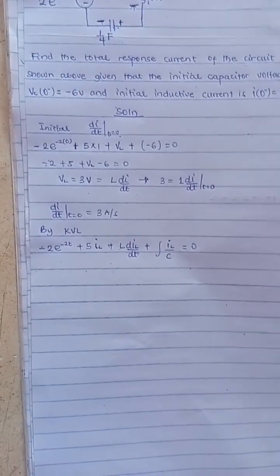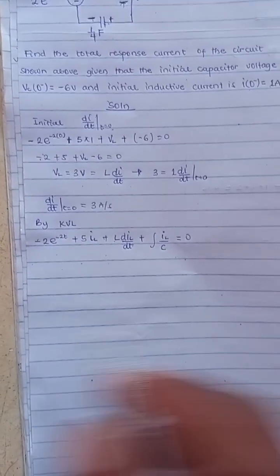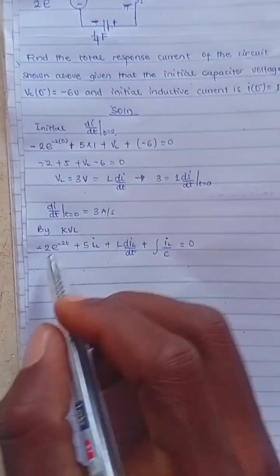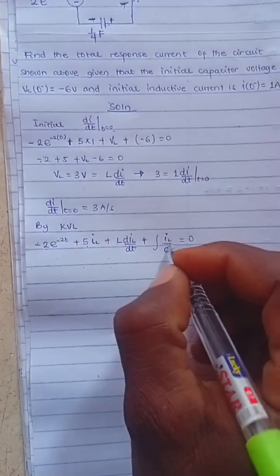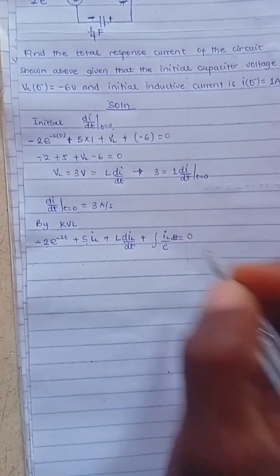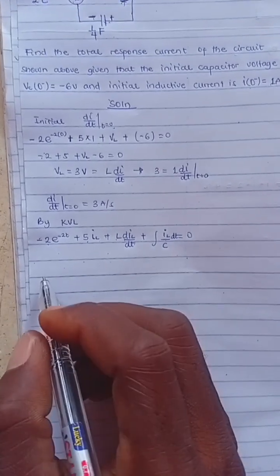So for you to handle this kind of situation, you have to differentiate all through again. You differentiate here, here, here, here with respect to t, so that we'll be able to clear out this integral.